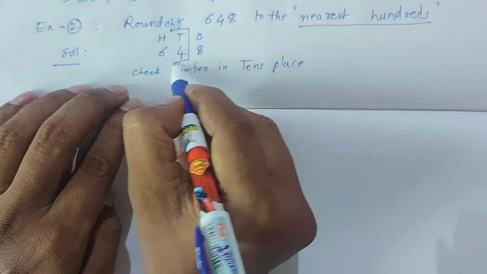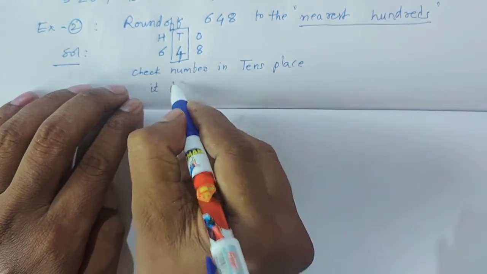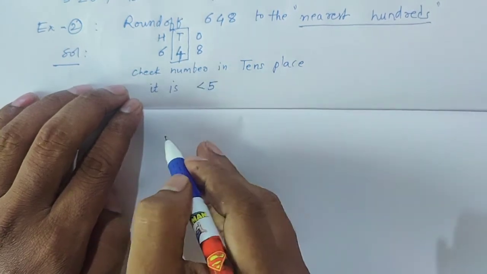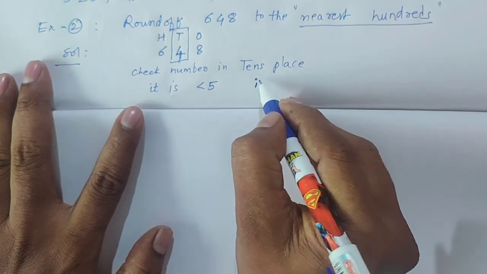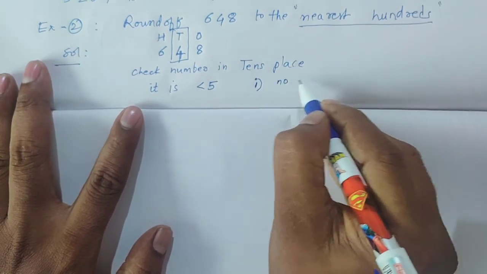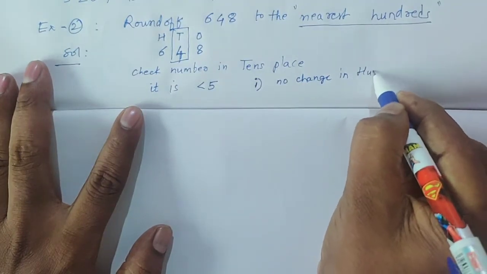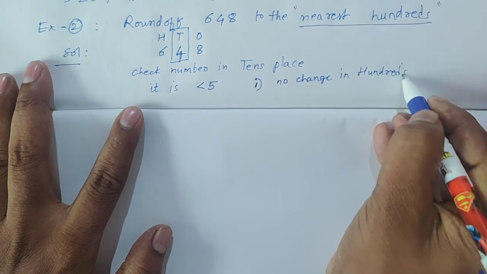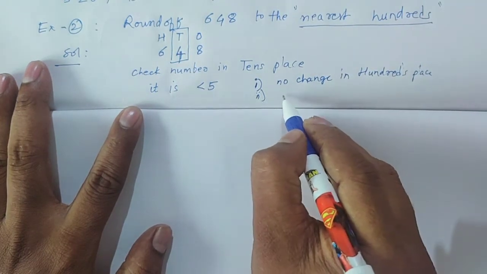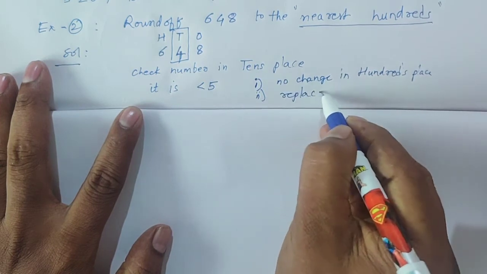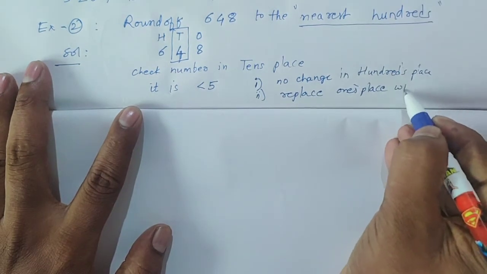What is the number in tens place? We have number 4 in tens place. We know that it is less than 5. When the number in tens place is less than 5, then no change in hundreds place. Second point, replace ones place with 0.